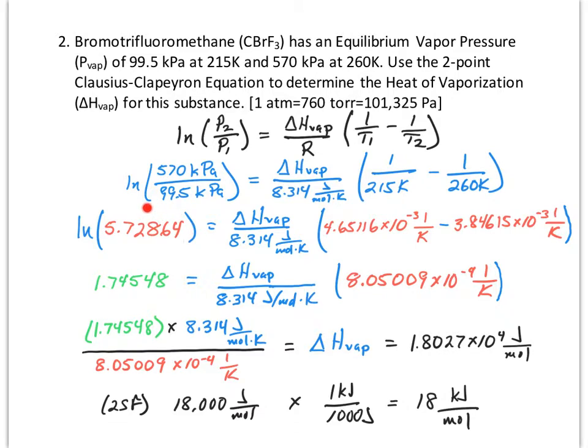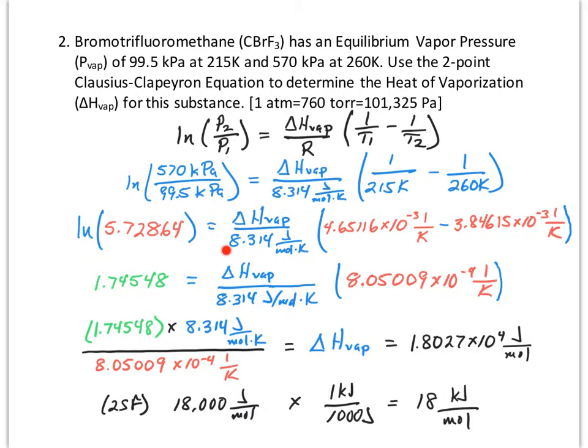So we get this number, 1 over 215K, gives us 4.651 times 10 to the minus 3. Again, carrying more figures than are significant. 1 over 260K gives us 3.846 times 10 to the minus 3. 1 over K.